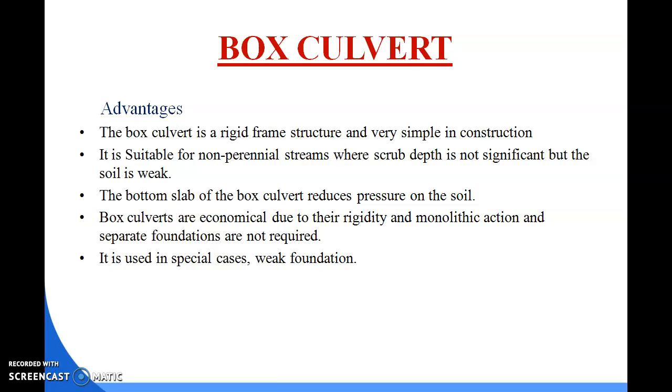Box culverts are economical due to their rigidity and monolithic action, and separate foundations are not required. It is used in special cases where the foundation is very weak. So these are the advantages of using a box culvert.